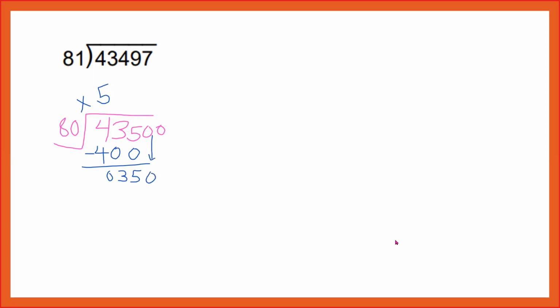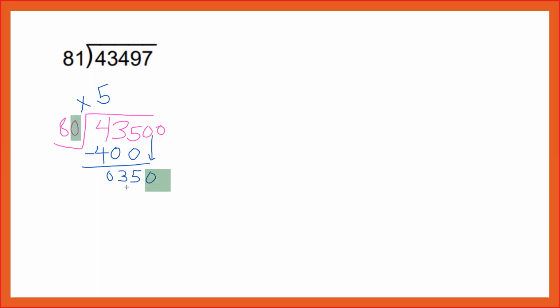Then 350 over 80. I don't know. Let's try number 4. No, that's not the best way. As I told you before, put your hand on the first digit of 350 and on the first digit of the divisor.